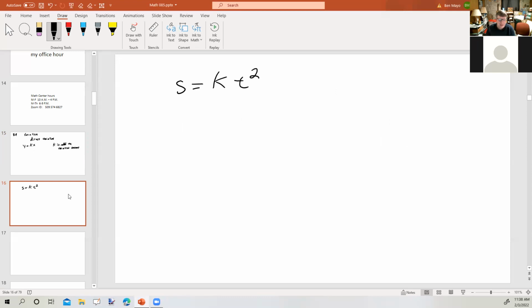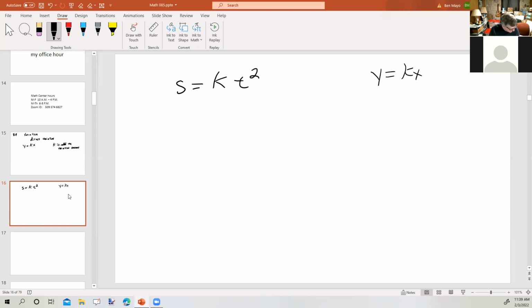Now, k, or the variation constant, is rarely mentioned. Sometimes it's mentioned, sometimes it's given, but most of the time you just have to know that you need to include it and find it, okay? So it says direct variation, so I'm using the model y equals kx, but my variables are s and t.